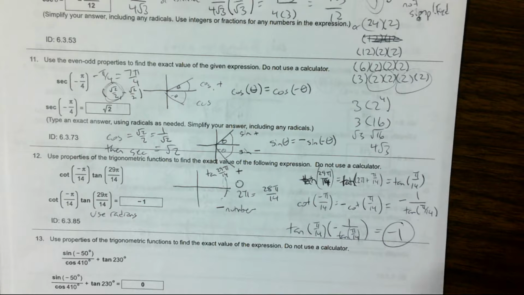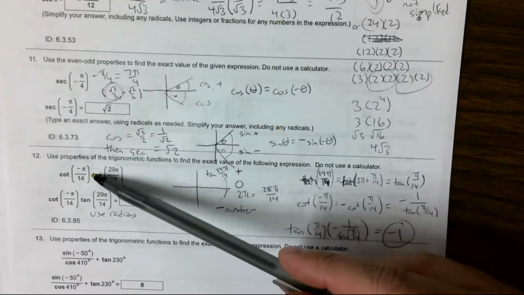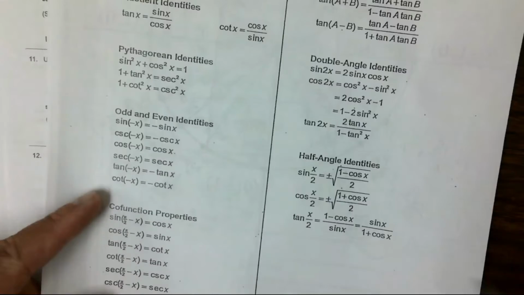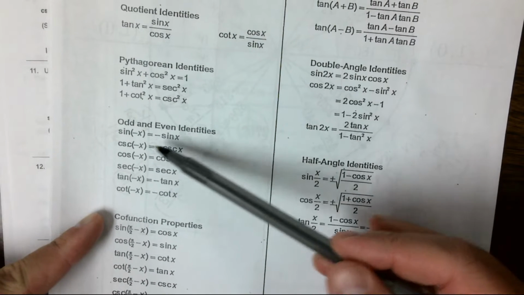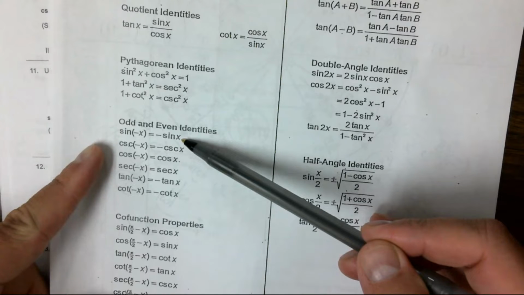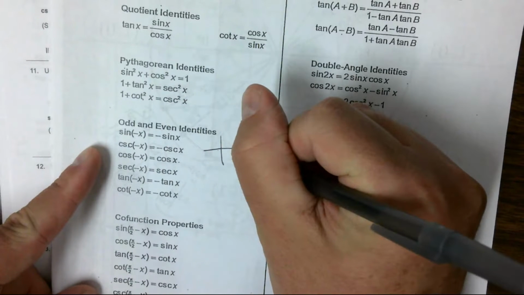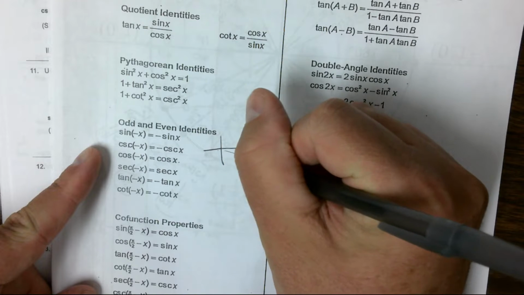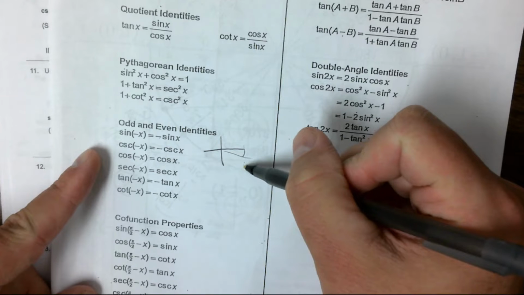What I wanted to mention to begin with is these type problems with a negative angle relate to the odd and even identities. You have sine of negative x is negative sine x, which basically means if you have a backwards angle, it's going to be negative for sine because that's downstairs.